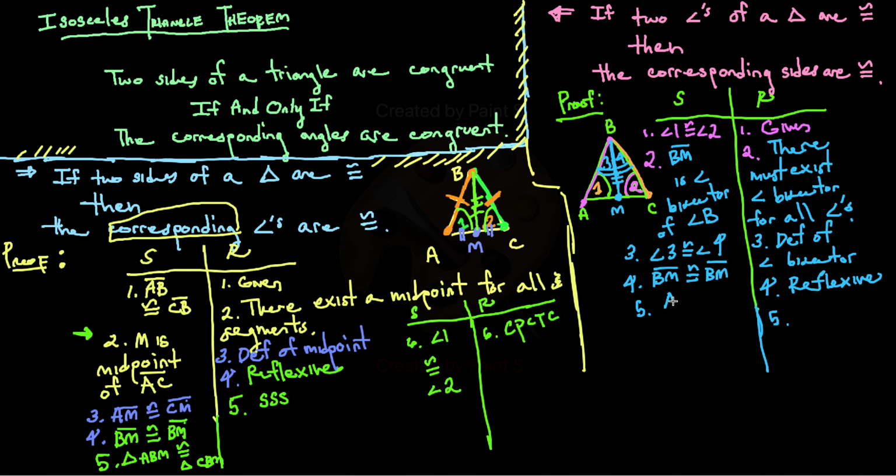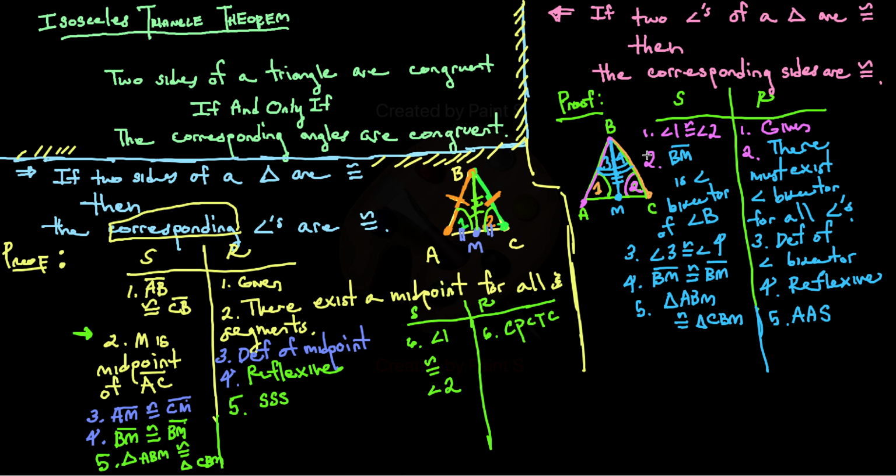So let's see. Now I know triangle ABM is congruent to triangle CBM, and that's because of angle, side.